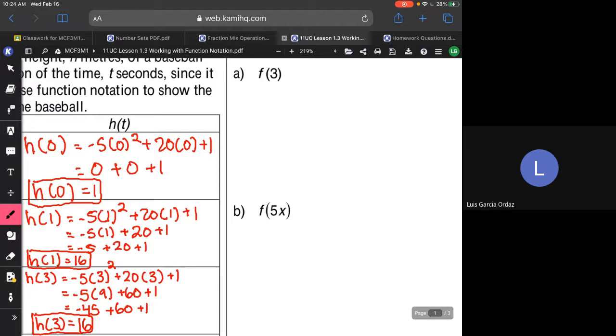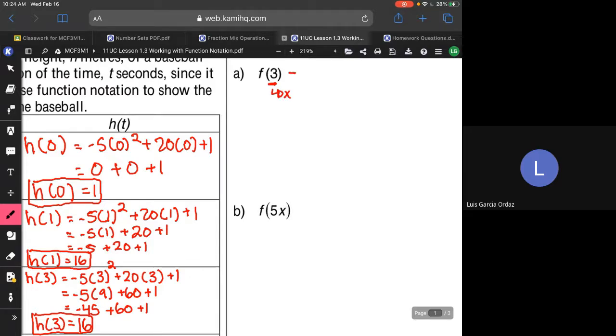So for number 2, I have, given the function f of x is equal to 2x squared plus 3x minus 1, I want to evaluate for the following 4 things. So the first one I want to evaluate is f at 3, which means wherever I see x, I'm going to plug in 3.